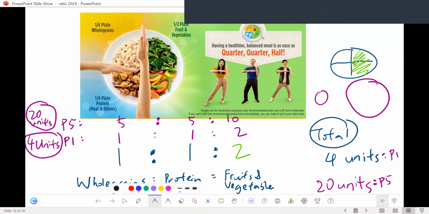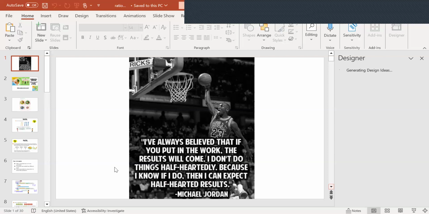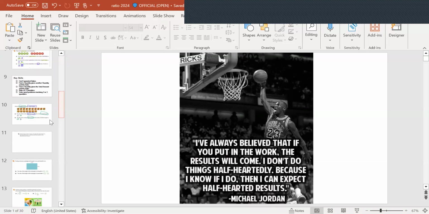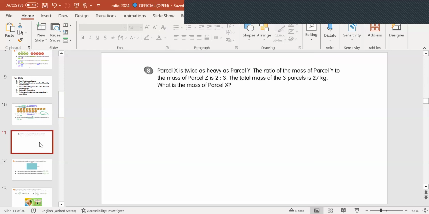This is the thing about the screen, the technology sometimes. It just lags and disappears again.